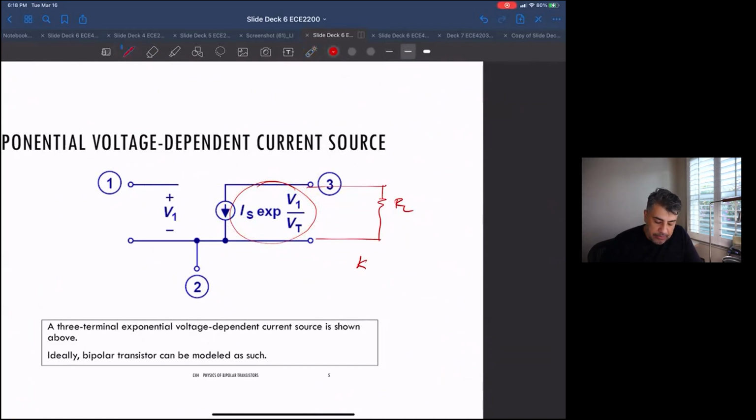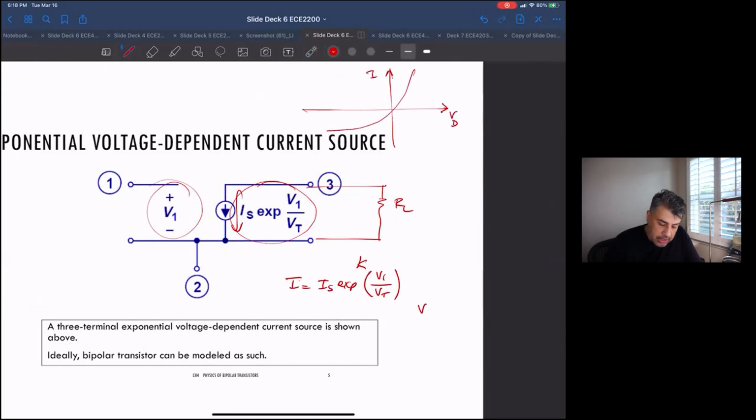Basically, your I here looks like I sub s exponential of this V1 over VT. That again looks like our diode, VD and I sub D. If you remember, the I sub D was I sub s exponential of VD over VT.